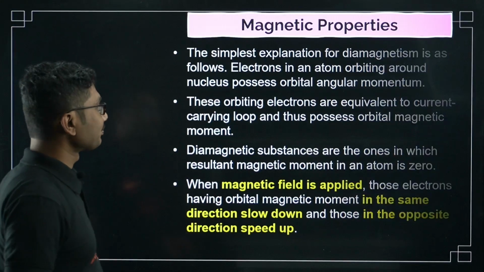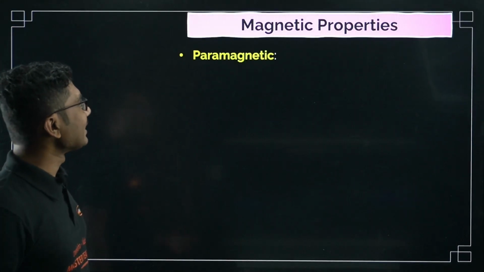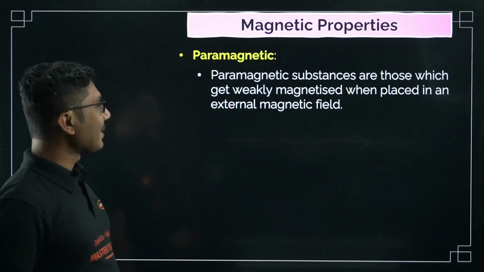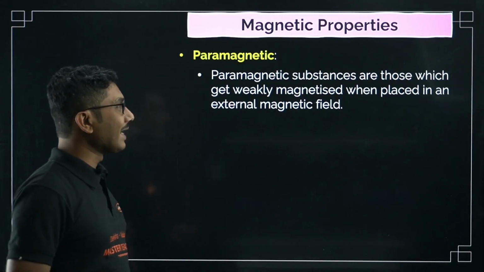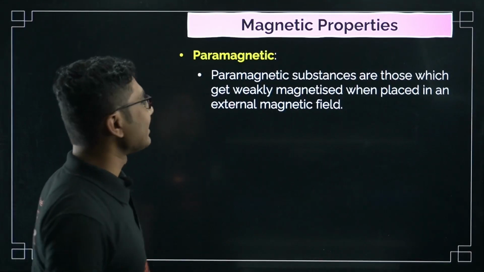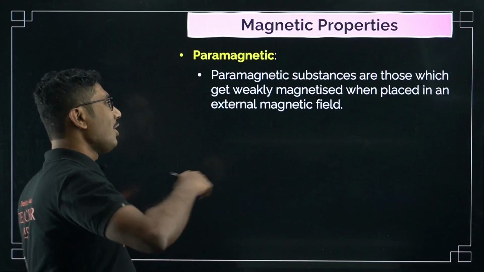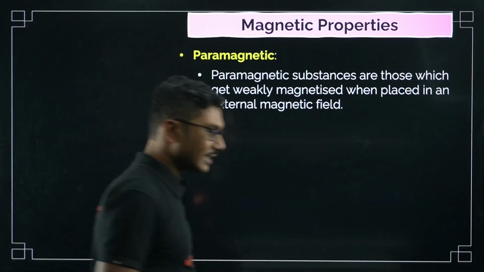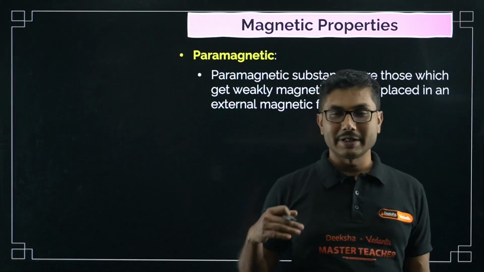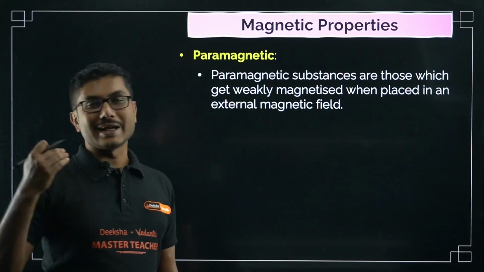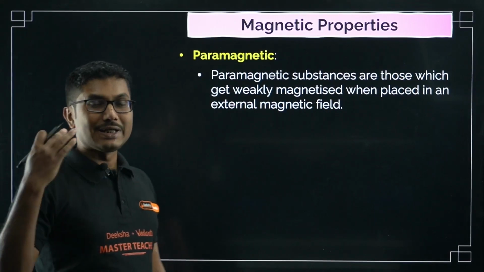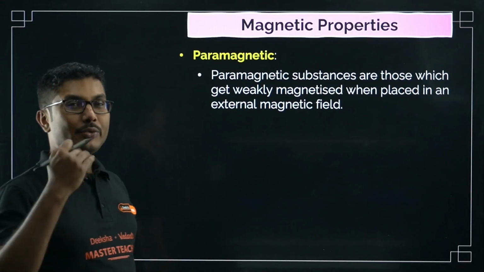Now for magnetic properties, the next part is paramagnetism. Paramagnetic substances are those which get weakly magnetized when placed in an external magnetic field. They are exactly opposite to diamagnetic substances. Diamagnets get weakly repelled, while they get weakly attracted.